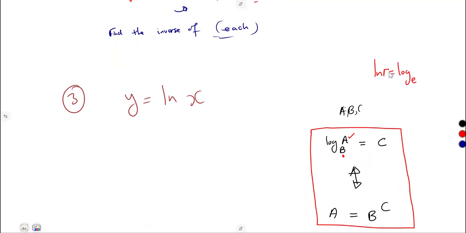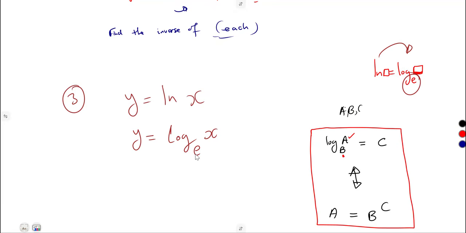So ln of a certain number is the logarithm of a certain number in the base of what? In the base of e. So rewriting this ln that we are given here, it simply means y is equal to the log of x.